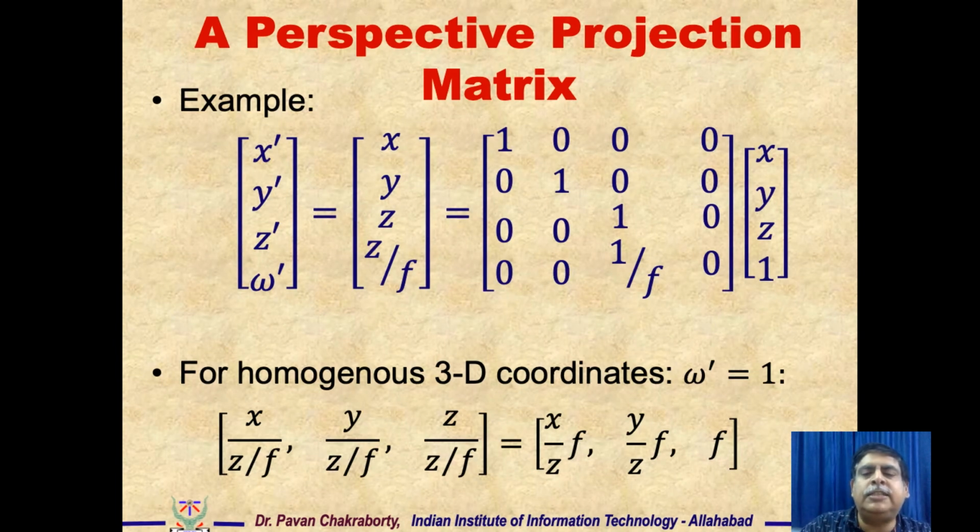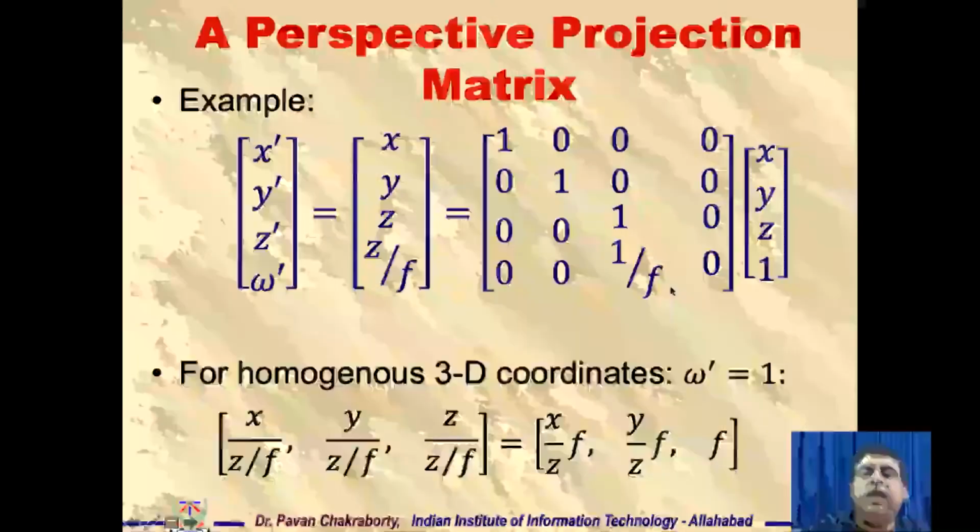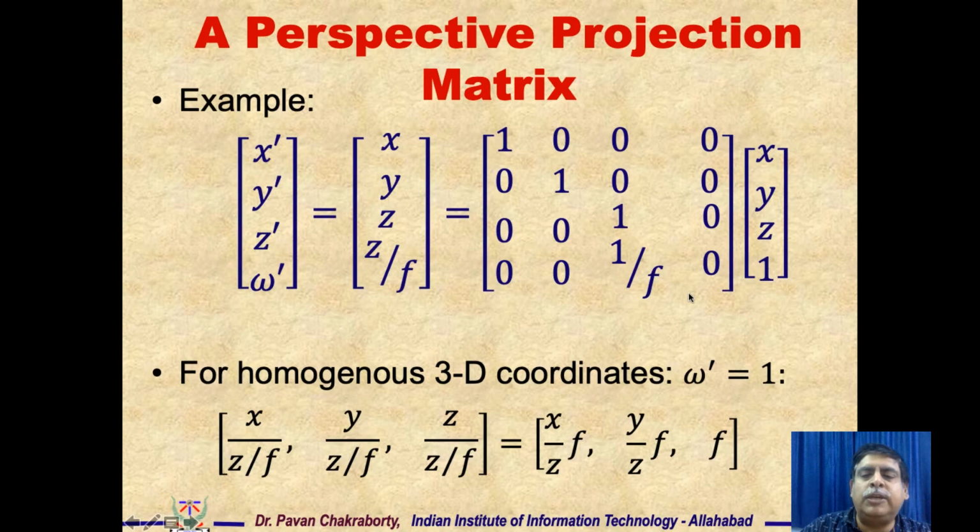So though the matrix is invariant with respect to x, y, and z, by using the homogeneity condition in affine transformation and keeping omega prime equal to 1, normalization of omega prime helps us obtain a perspective projection as a linear transformation by the affine transformation as shown above.